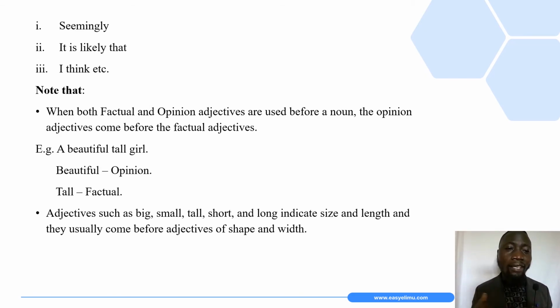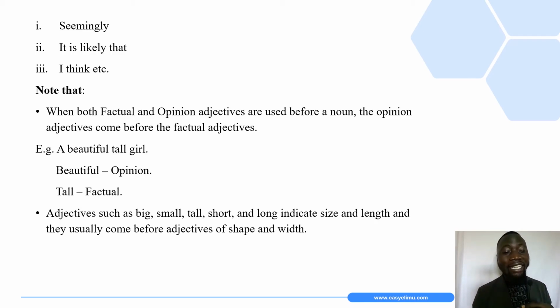There are others like "seemingly," "it is likely that," "I think," etc. Note, dear students, that when both factual and opinion adjectives are used before a noun, the opinion adjectives come before the factual adjectives.